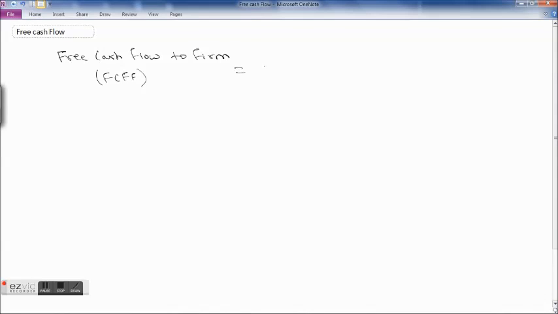If you have operating cash flow, the formula for calculating free cash flow is operating cash flow minus capital expenditure. This is how you calculate a free cash flow.